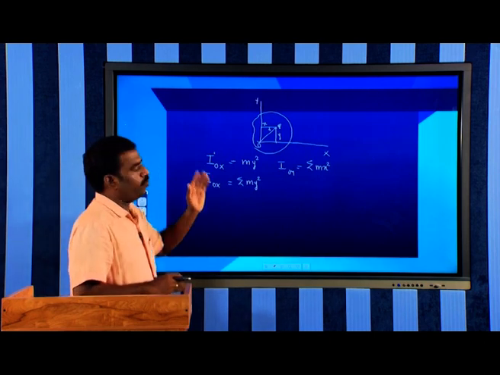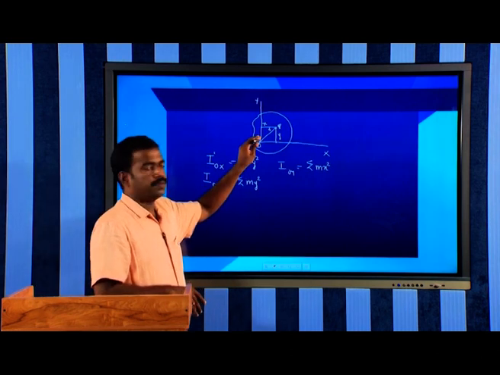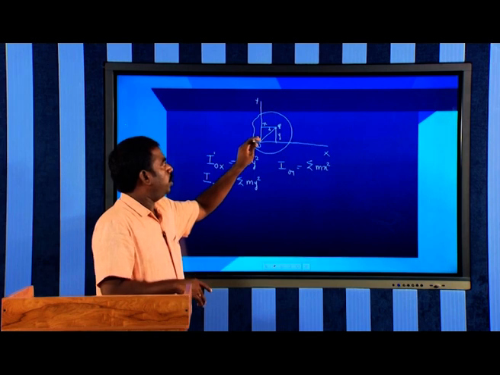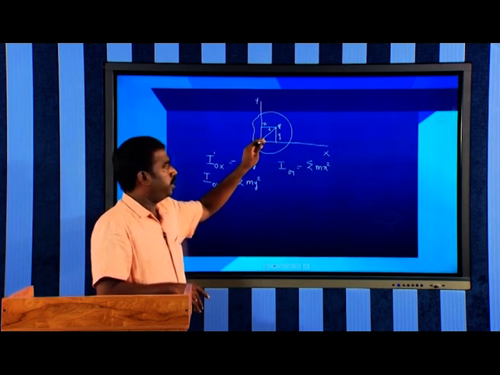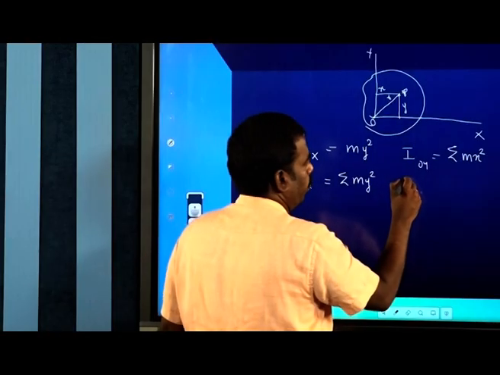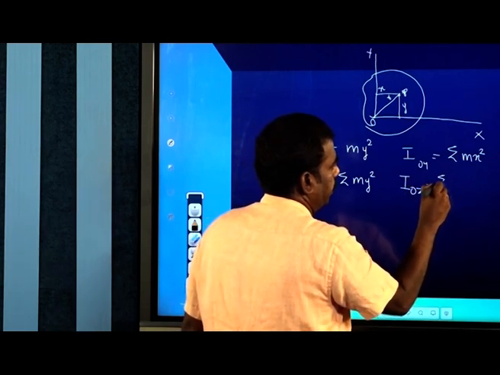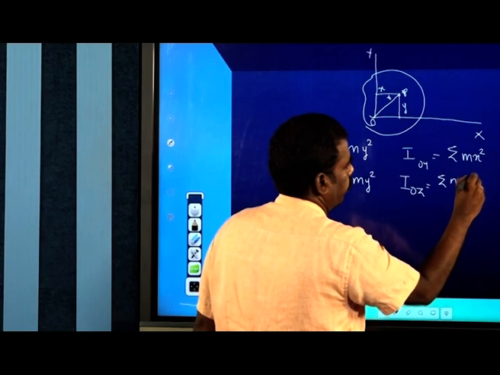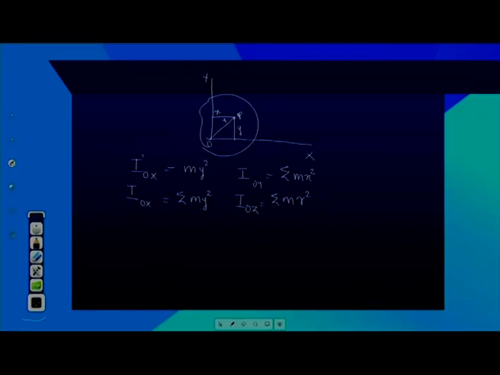So, what is the moment of inertia of the whole lamina about Oz? The particle is at a distance of r from this perpendicular axis. So, the moment of inertia of the lamina about Oz is equal to sigma m into r square, because it is at a distance of r from that perpendicular axis.